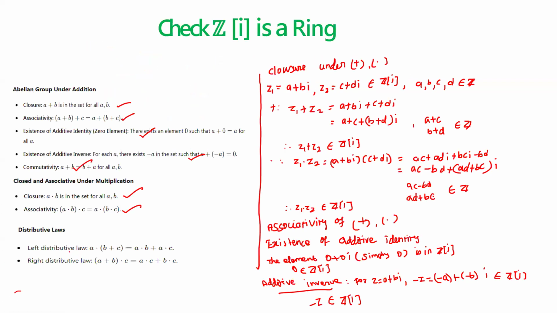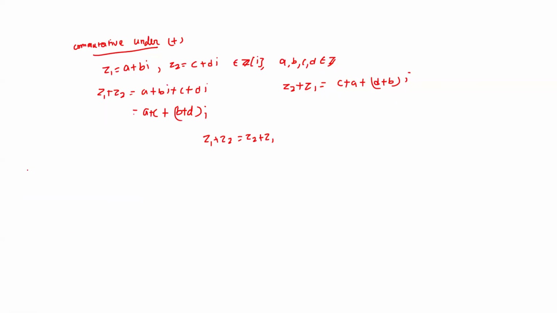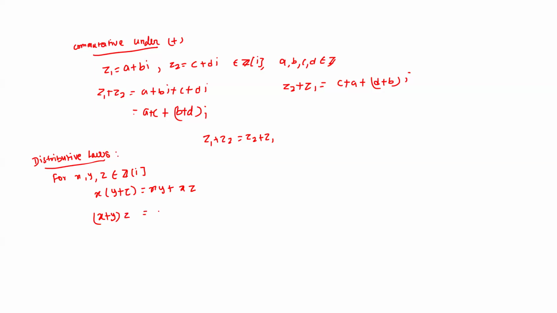This is also over. Now, we have to check the two distributive laws. For x, y, z from Z[i], we can write x times (y plus z) is xy plus xz, and (x plus y) times z can be written as xz plus yz.